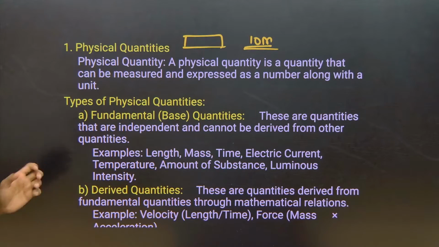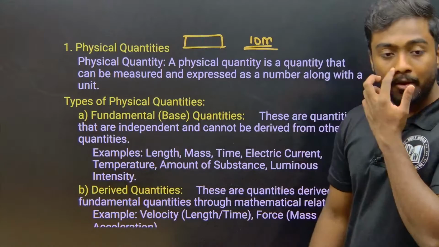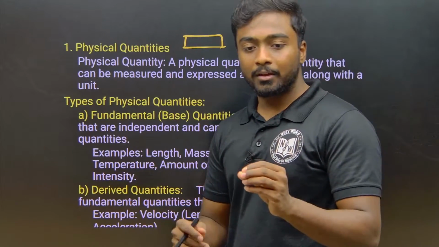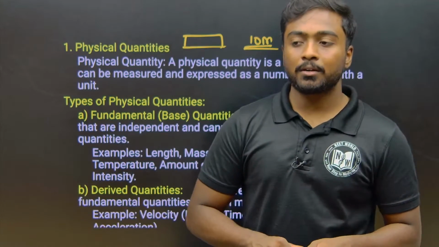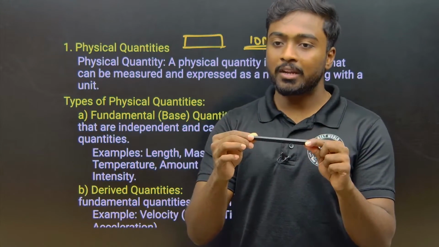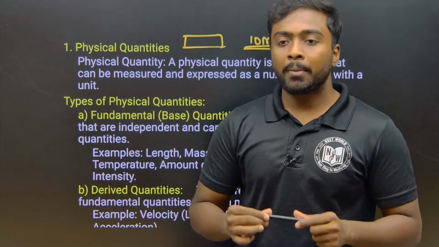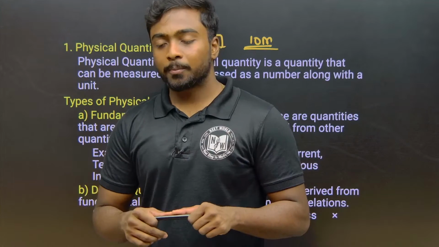So whichever we can measure and express in terms of number along with units, those are called physical quantity. So there are types of physical quantity. First one is fundamental, second one is derived. Fundamental means there is no derivation from any other, but derived, like if we take a scale, I can measure by saying centimeter, meter or kilometer. But if I talk about velocity, what is velocity? Displacement by time.